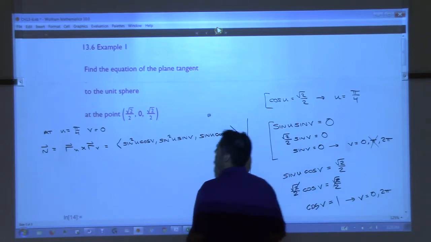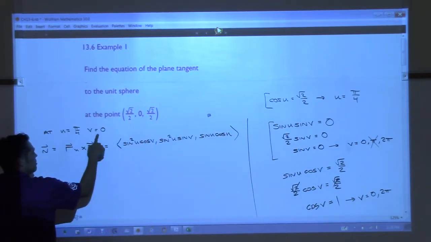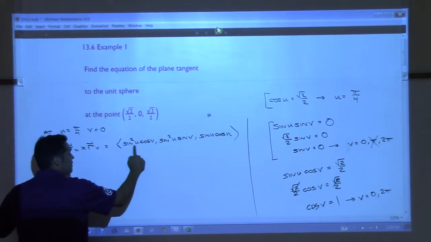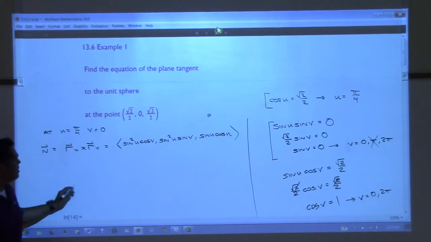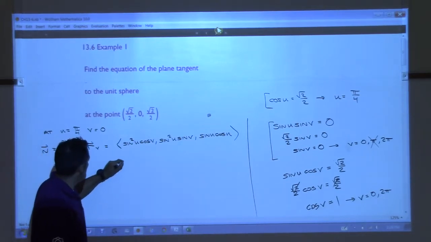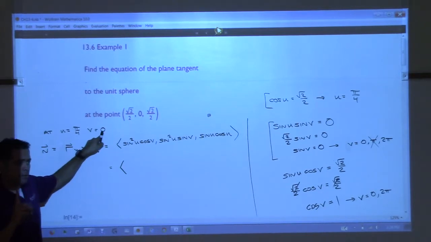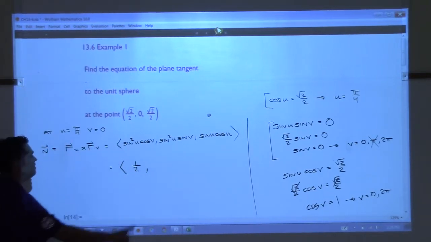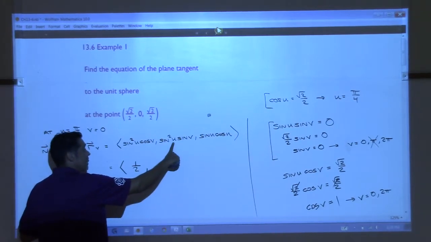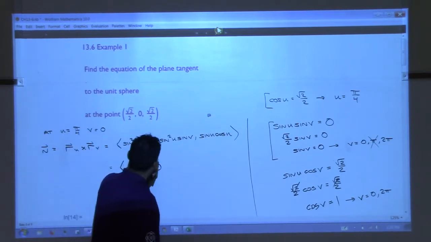Okay, so let's now plug in pi over 4 for u and v is 0. Sine of pi over 4 is root 2 over 2, and then square it, so you get a half. Times cosine of 0, which is 1, so you just get 1 half here. Next one, sine squared u again is 1 half, but this time, what is sine of 0? 0.